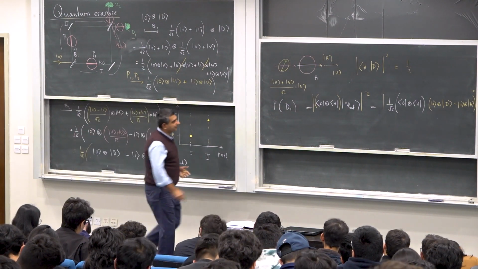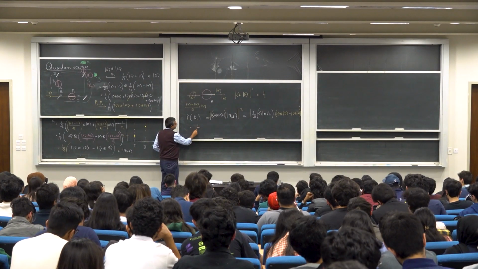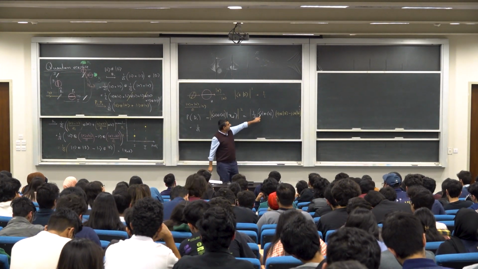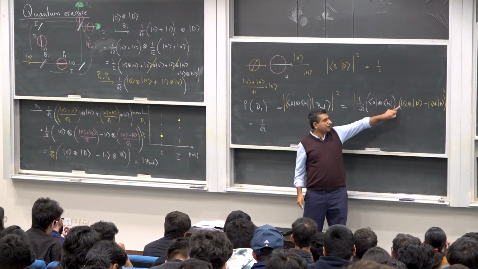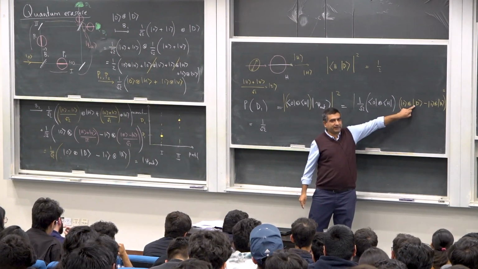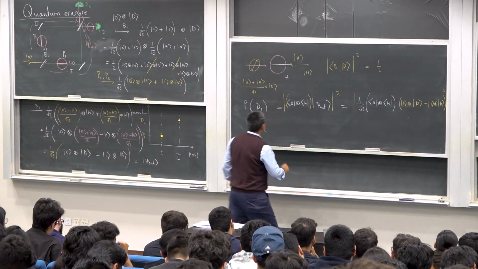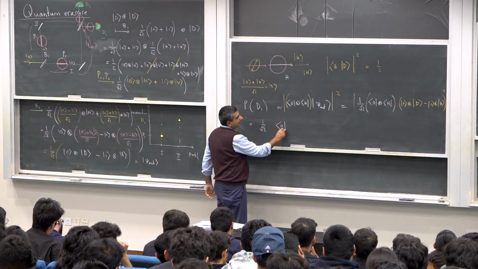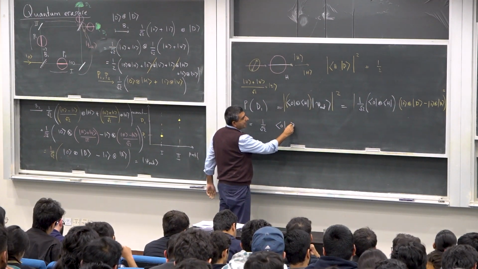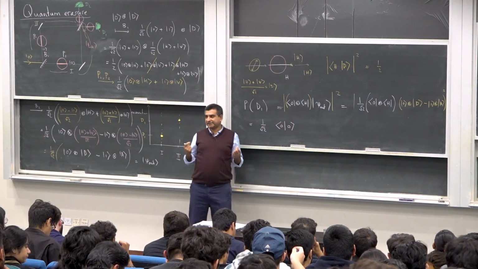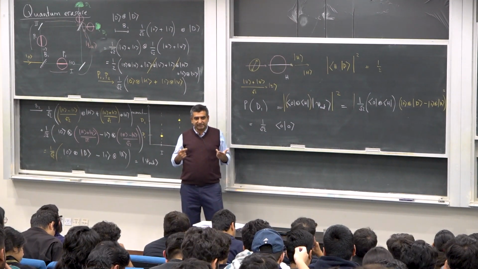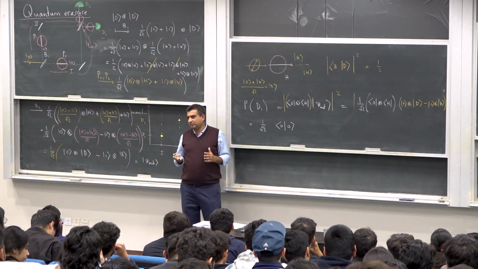So what you would do is 1 over under root 2. This bra 0 is path. It talks just to this. It doesn't care about this thing, right? So you would do the inner product of bra 0 with ket 0. Now this is just a number. It's a scalar. It's a dot product. It's not a ket or a bra.